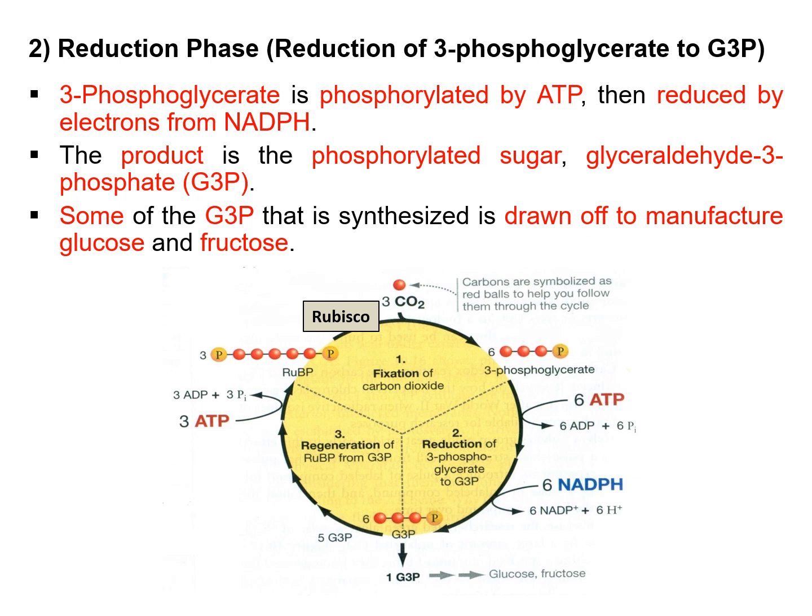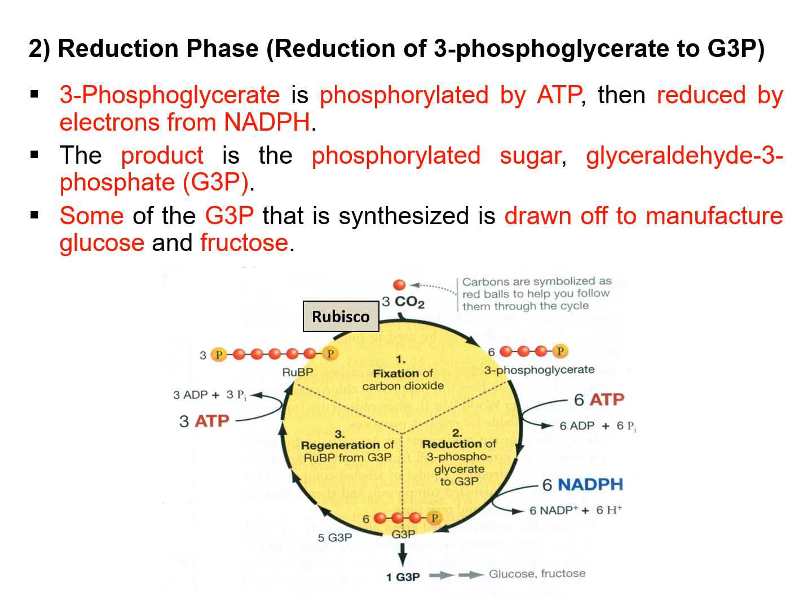The product is the phosphorylated sugar, namely glyceraldehyde 3-phosphate or G3P. Some of the G3P synthesized will be drawn off to manufacture glucose and fructose.